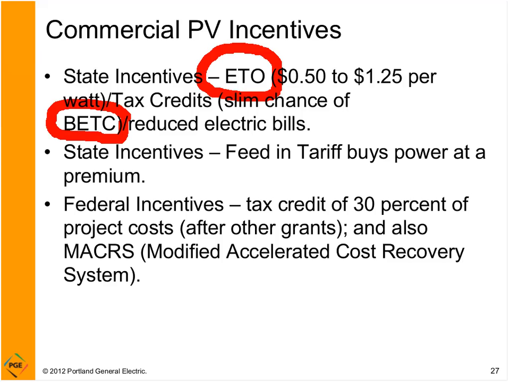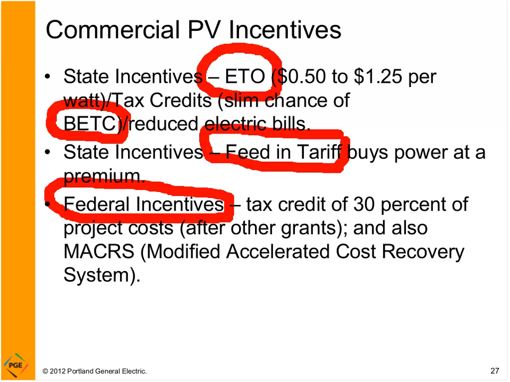Generally, the state incentives have gone away for commercial PV. So you need to rely on Energy Trust. You need to rely on federal incentives. Now, those two are available for commercial PV. There's a third option, and that's the feed-in tariff.